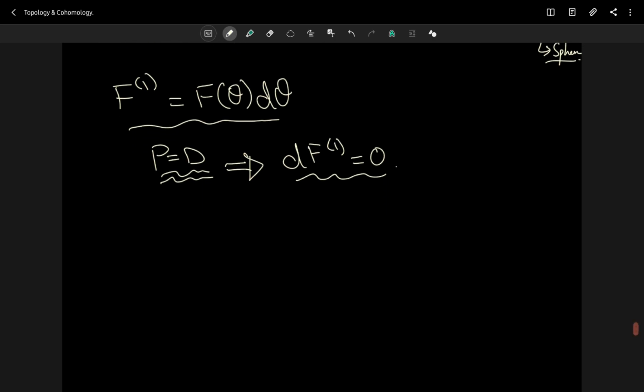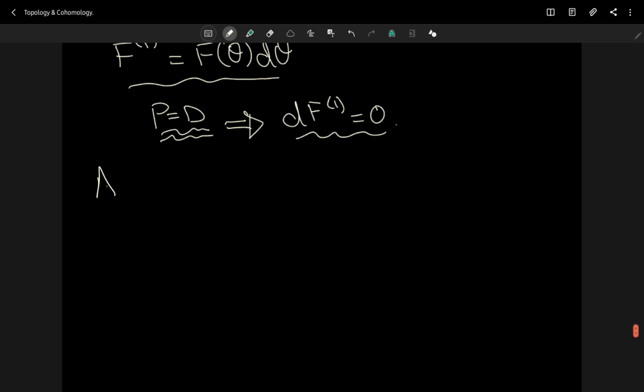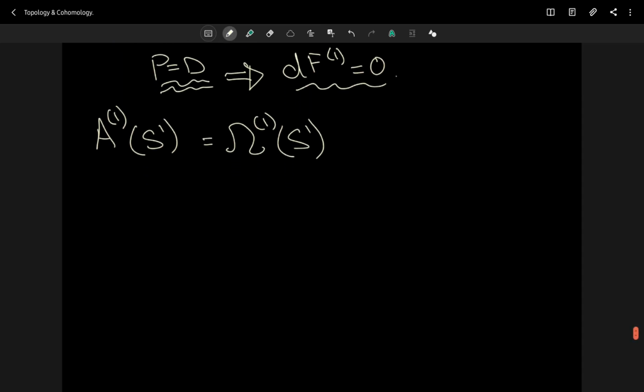So then again with this, once again what happens is that Ω1 of S1 is equal to this space Z1 of S1. That means that all the one forms on S1 are closed. So then what about the exact forms?